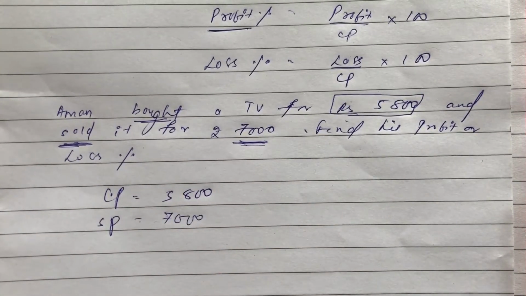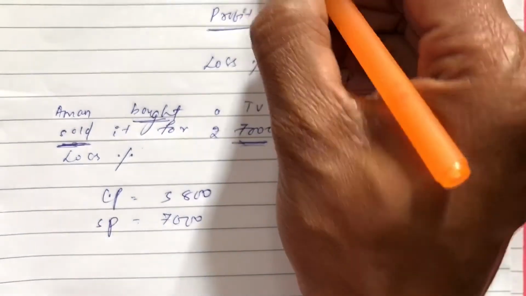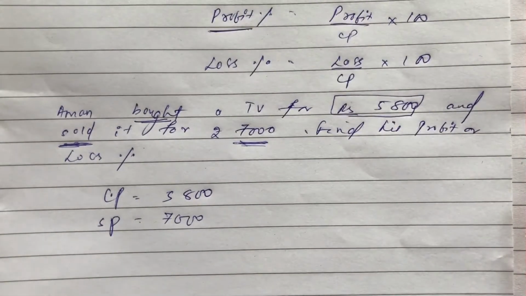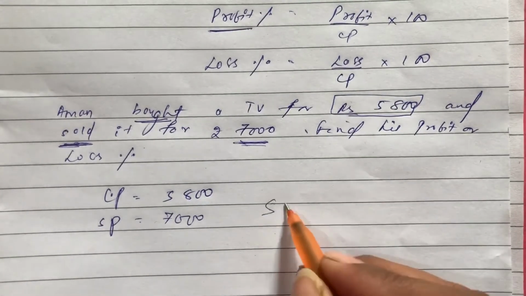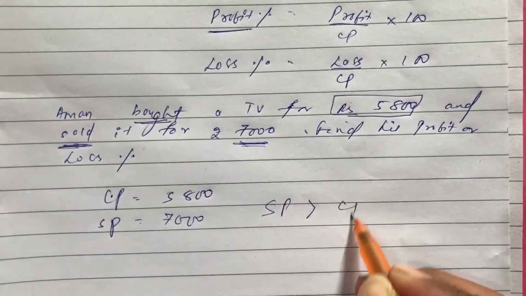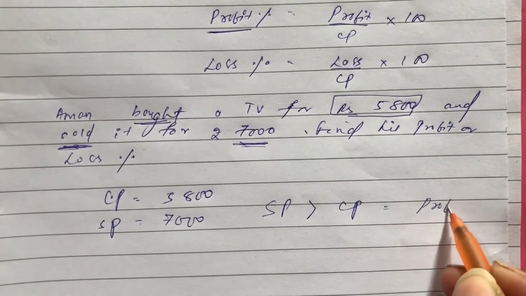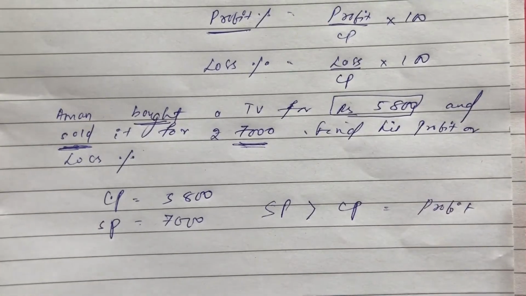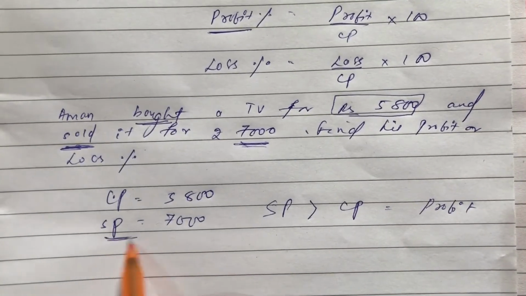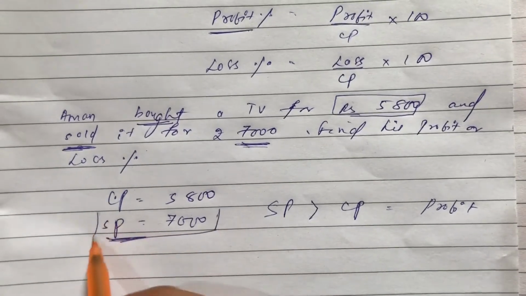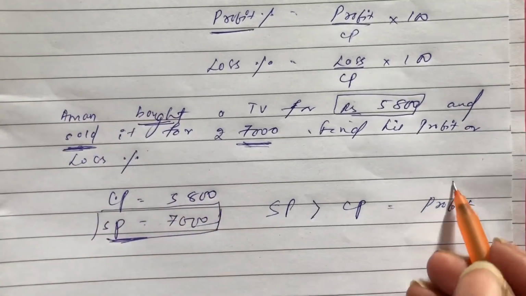Now you have to check which one is greater. Whenever you find that SP is greater than CP, it is a case of profit. Here SP is greater, so it is a case of profit.